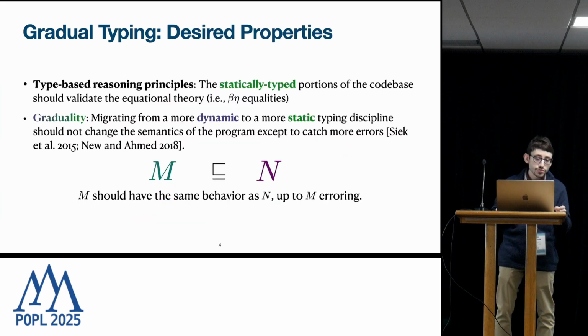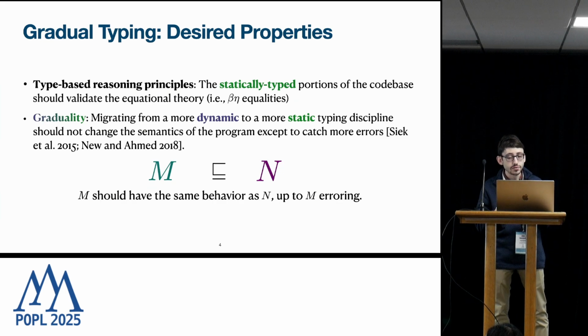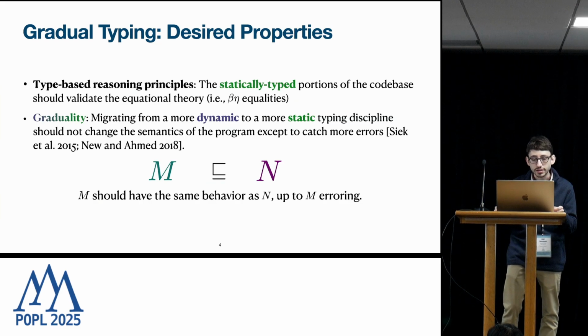And so there are two important metatheoretic properties that we're interested in with gradually typed languages. The first is the ability to use type-based reasoning principles. In other words, the statically typed portions of the code base should validate beta-eta equalities.